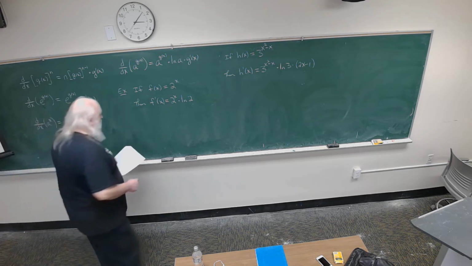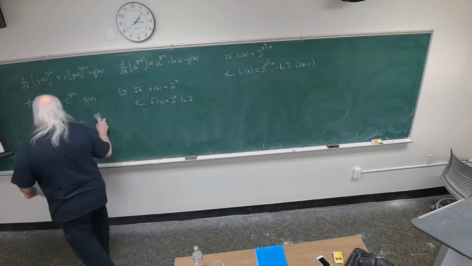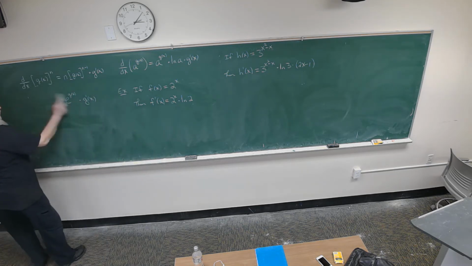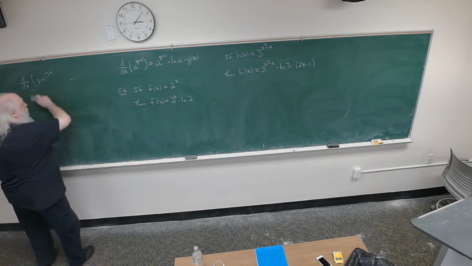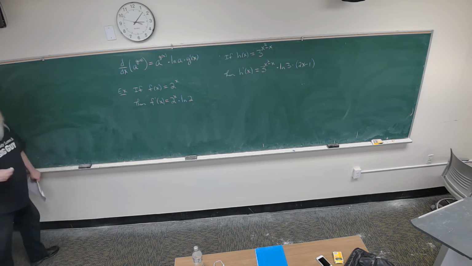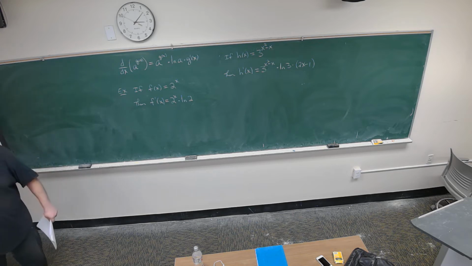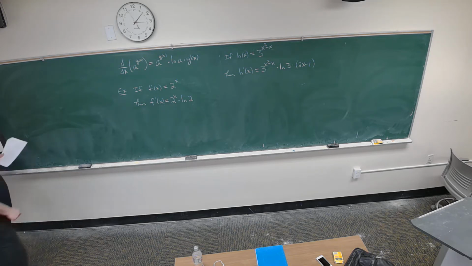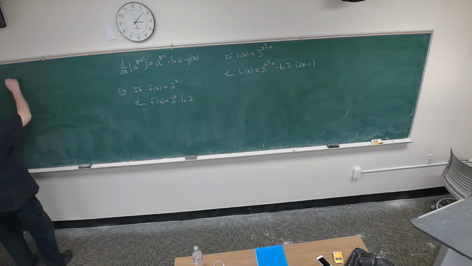Okay. All right, so let's apply the chain rule to the trig functions. Now I'm not going to derive the chain rule for each of the 6 trig functions. We're going to do it for one, and then once you see the pattern, we'll extend it to the other 5.